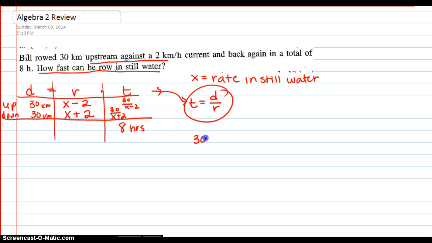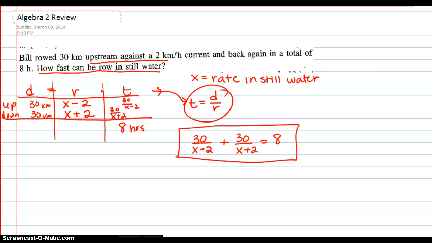And so this is my time rowing upstream plus my time rowing downstream. So this would be the plus 2. The upstream would be minus 2. And if you add those 2 together, it says it's going to be a total time of 8 hours.